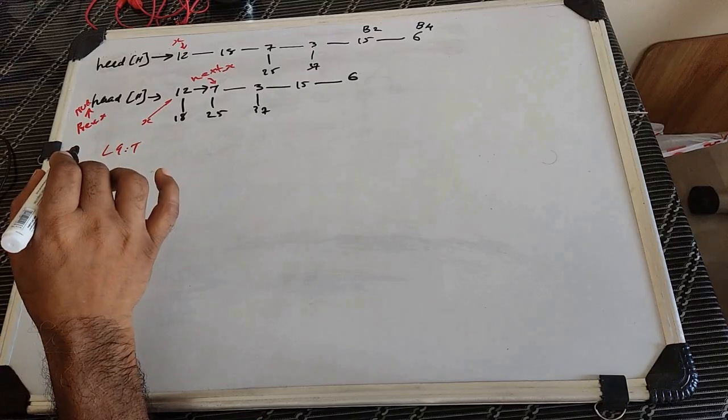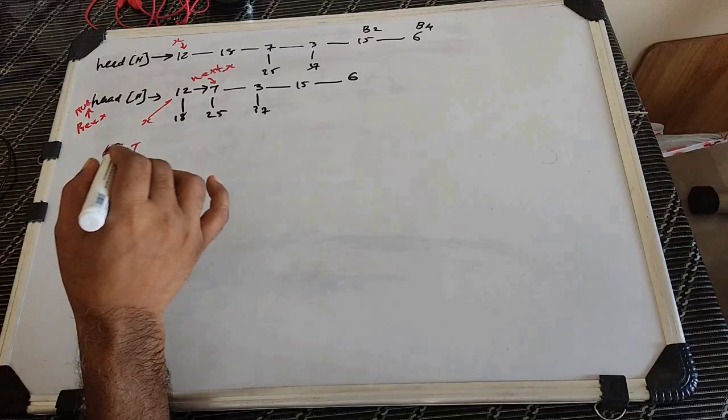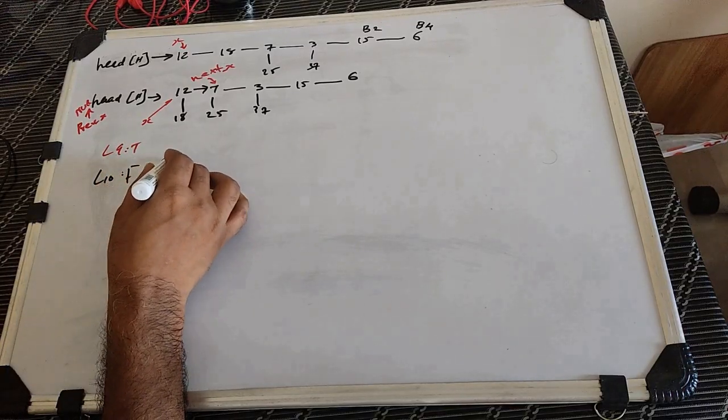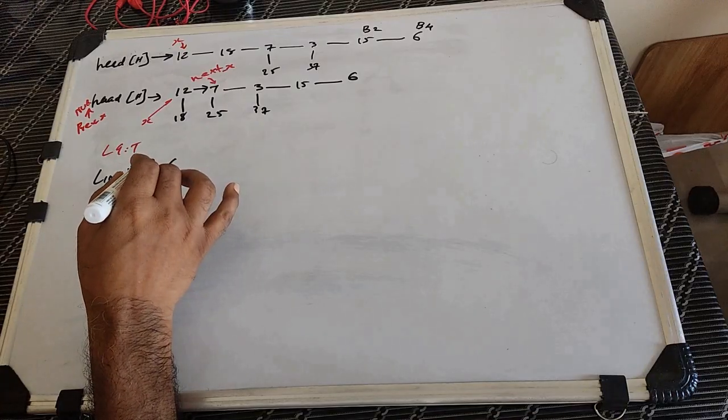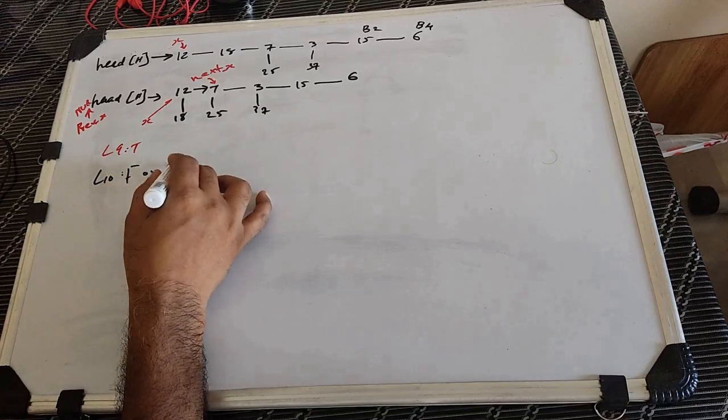In line number 10, degree of x not equal to degree of next x is false. Or the next condition, sibling of next x, that is true.